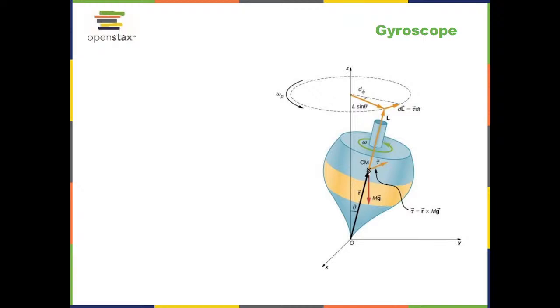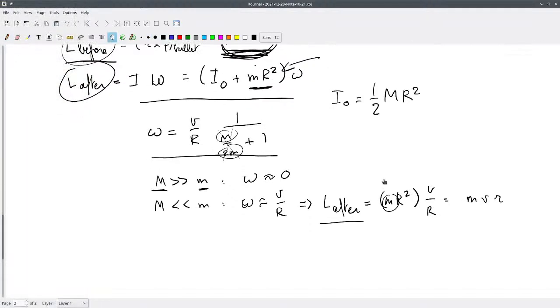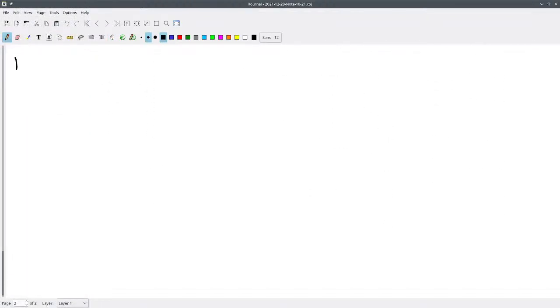Now that torque is going to be dL/dt, right? So for this precession of a top, the torque is r m g times sine theta, that's the magnitude of r cross the force.